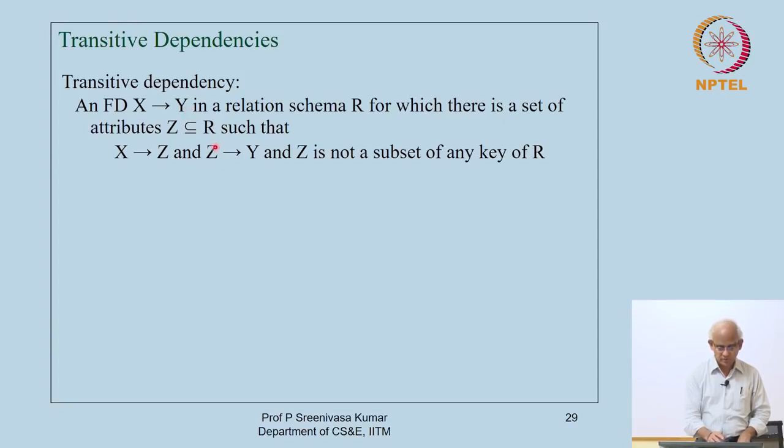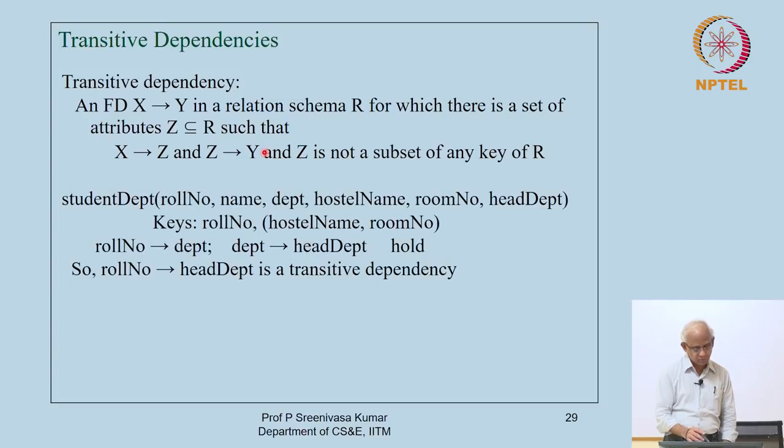But then that z is not a subset of any key of R. If these three functional dependencies exist in the relation, we call that a transitive dependency.